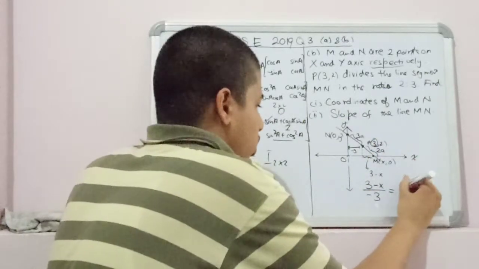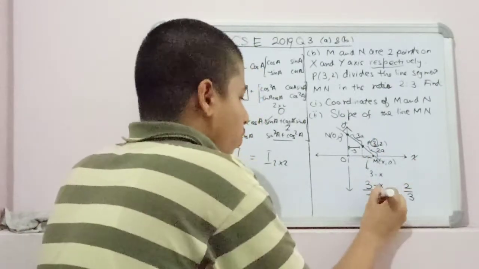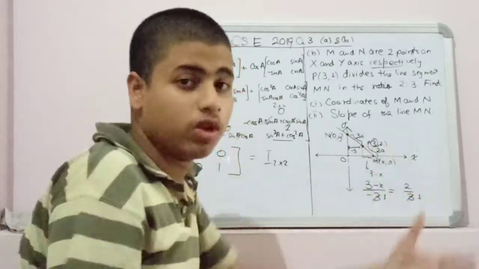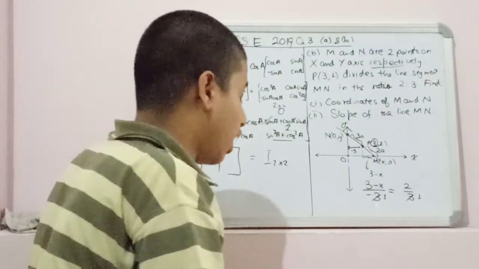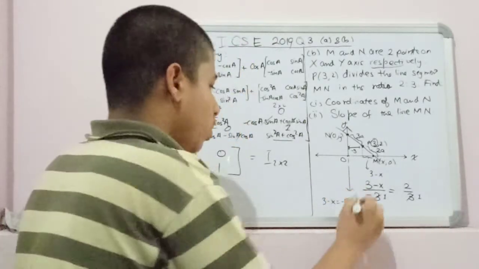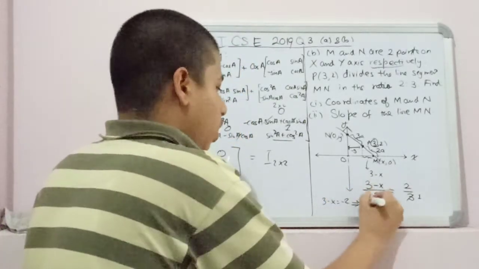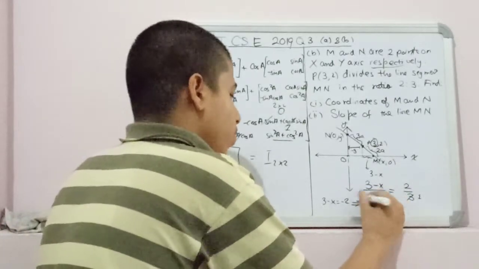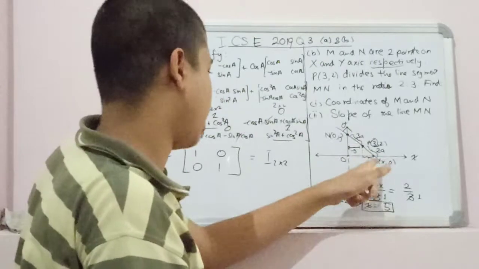That's 2/3, which means multiplying both sides by -1 and -3, 3 minus x is equal to -2, which tells me that the x-coordinate is 5, and this is the x-coordinate of M.